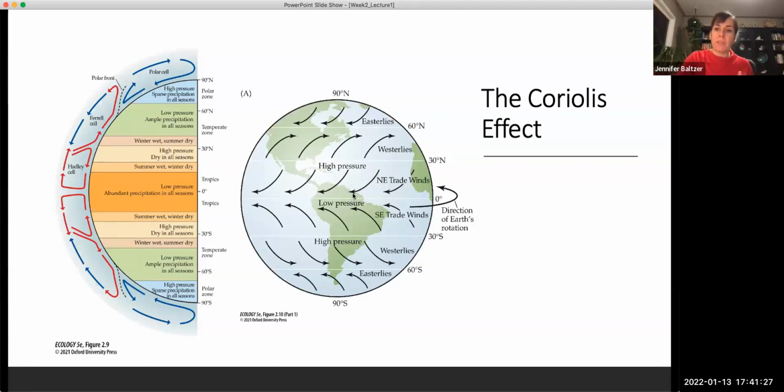So you can imagine if you were walking down here, your right would be over on this side. So this air gets displaced to the right because of the Earth turning. And in the southern hemisphere, same thing, air is moving in this direction, the Earth is turning, and the air gets displaced over to here. These winds get displaced to the left in the southern hemisphere, okay? Did that clarify things? Yeah, okay, great.